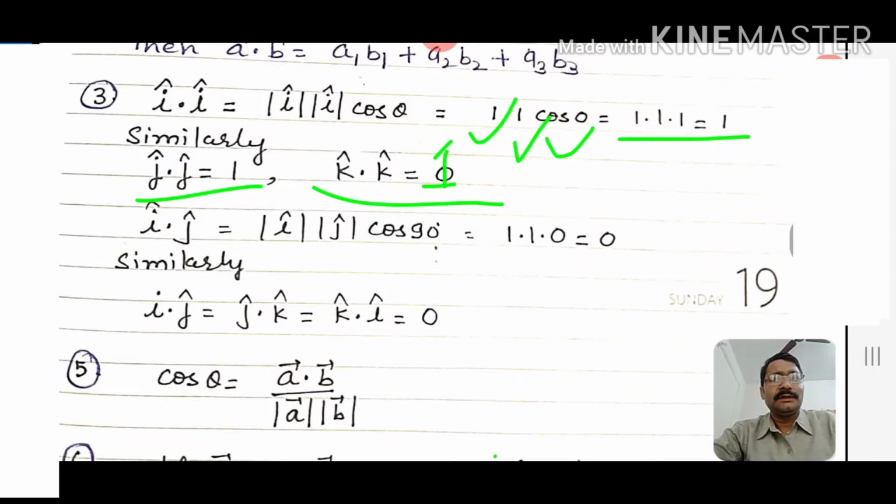And i dot j, what will be i dot j? That you have to find out. i dot j will be modulus i, modulus j and cos theta. The angle between i and j is 90 degrees. So now cos 90 is 0. So we will have i cap dot j cap equal to 0.